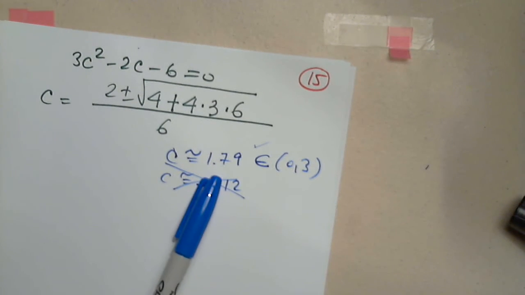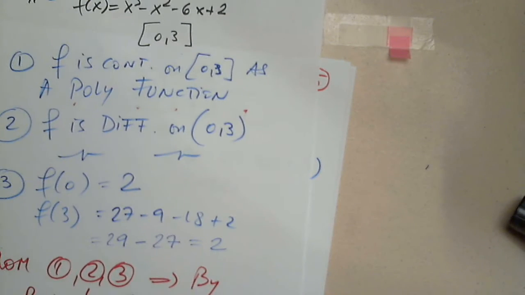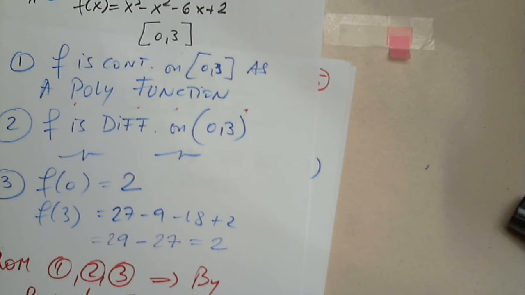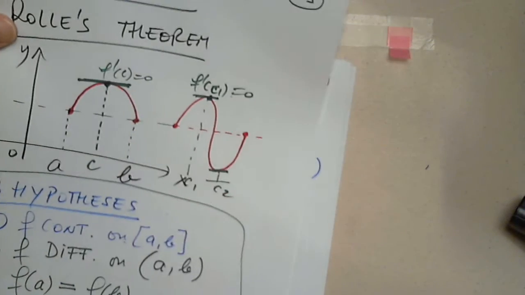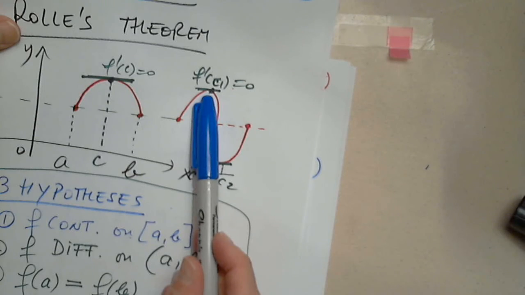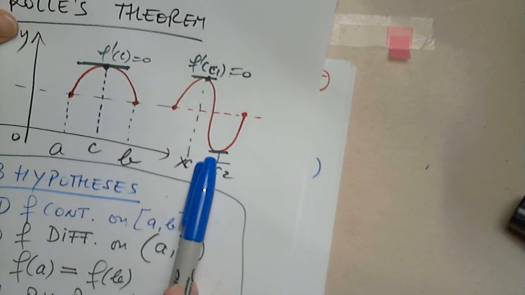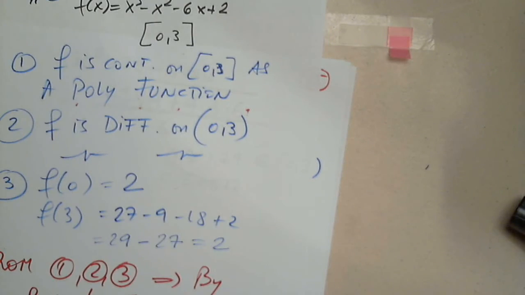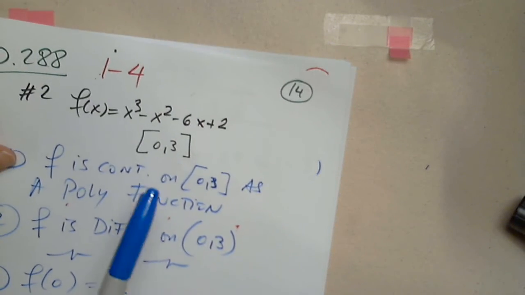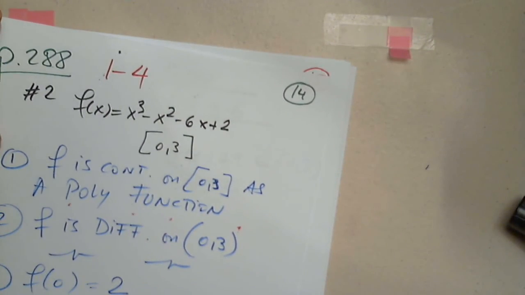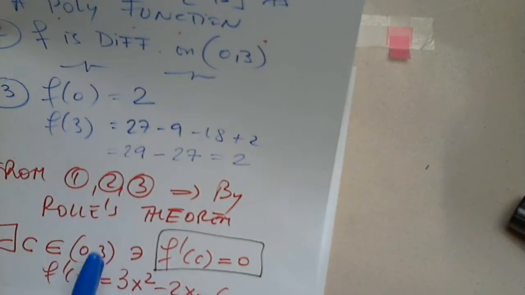Do I know whether this is a max or min? No, I don't. Because it could give a minimum. I'm going back to the previous. So it could be that c1 here gives a maximum, but here c2 gives a minimum. But I know that definitely between 0 and 3, the function has a turn. It could be max or min. It's guaranteed by Rolle's theorem.